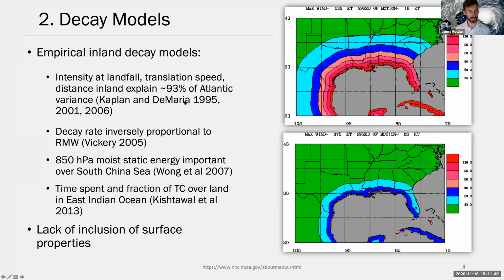This empirically derived statistical model was fit to observations of the inland wind speeds for decades of storms. These papers, 1995 and the subsequent iterations, found that intensity at landfall, the translation speed at landfall, and the distance inland can explain 93% of the Atlantic variance in inland intensity. And by intensity, here they mean the maximum wind speed at one point.